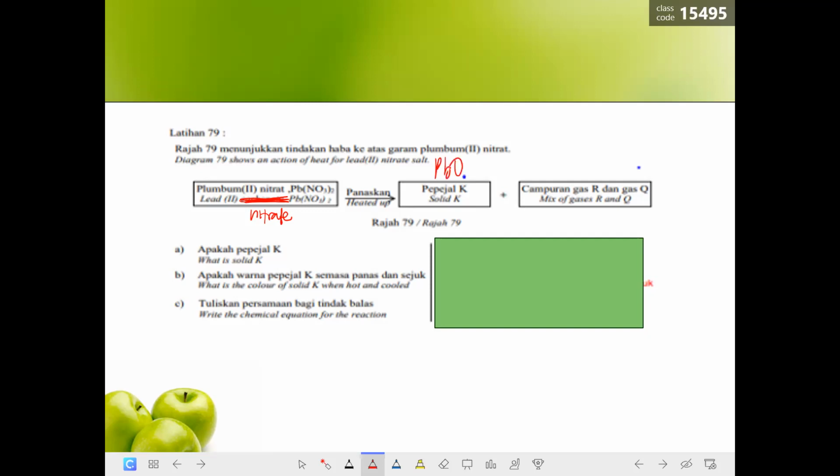Excellent. Some more? What is my mixed gas of R and Q? That means I got 2 gases here. Nitrogen gas and oxygen gas. Okay, oxygen is correct. Nitrogen not correct. Nitrogen what? Nitrogen dioxide. Okay, nitrogen dioxide is correct. Well done. Her answer is correct.